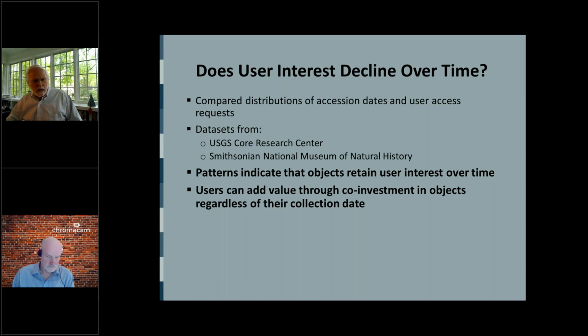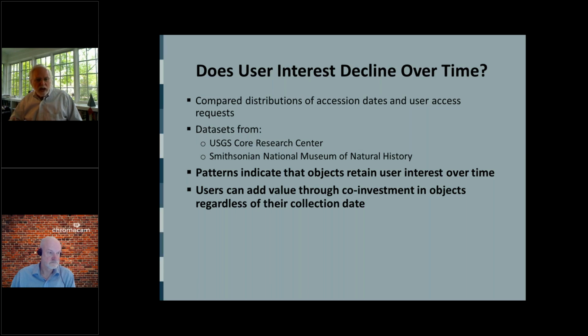They began having digital loan records in the 1960s. So we looked at those, and I'm going to present one, the best data set, that is the most complete data set. The other data sets tell the same story. The other departments at the Museum of Natural History tell the same story.